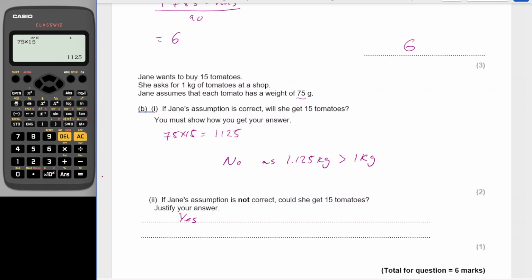I'm going to say yes if tomatoes weigh less than... So 1 kilogram divided by 15 gives us 66 grams. So yes, if tomatoes weigh less than 66 and a sixth of a gram, 66.6 recurring grams.